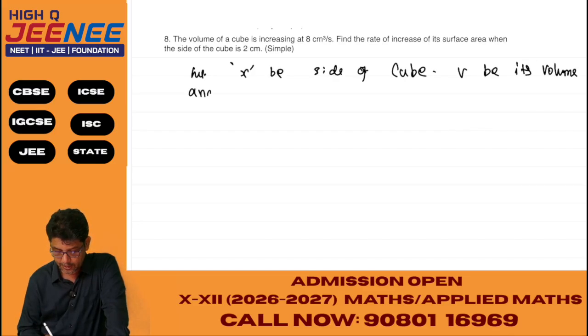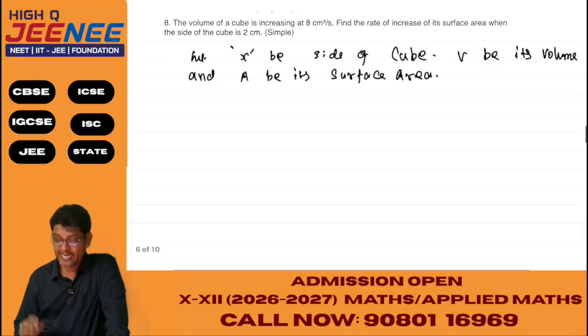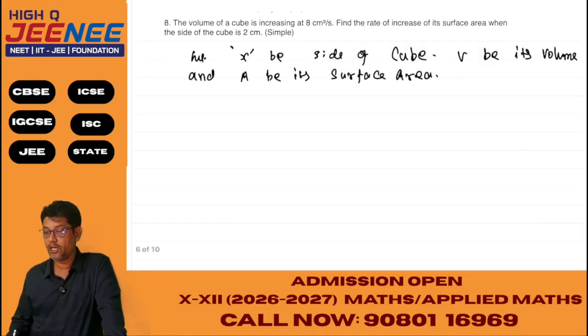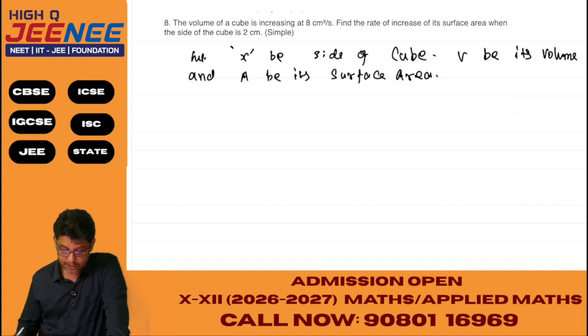And A be its surface area. Now, next step is we have to write all the given informations. What is the given information? First information, look at this. The volume of a cube is increasing at 8 centimeter cube per second.